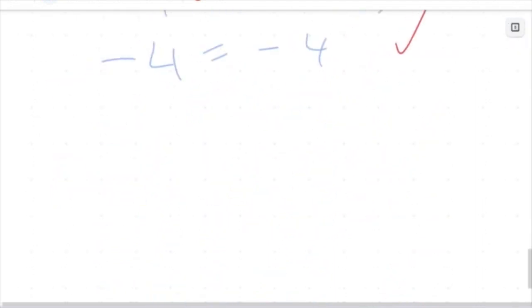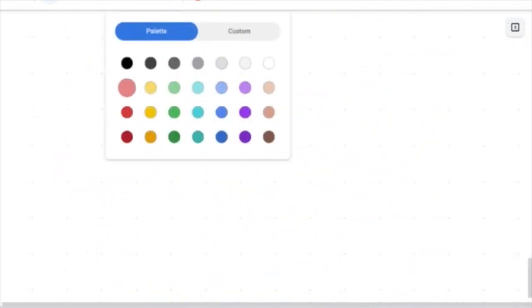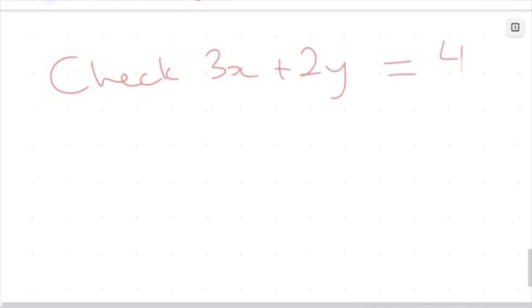So we have 3x plus 2y equals 4 as my other one. So that's what I'm going to check. I'm going to check 3x plus 2y equals 4. Once again, I'm substituting in here. So I'm going to put my 2 where my x is and my -4 where my y is.